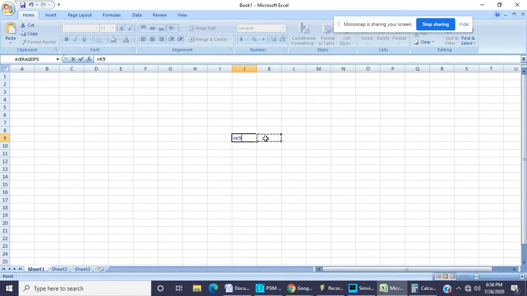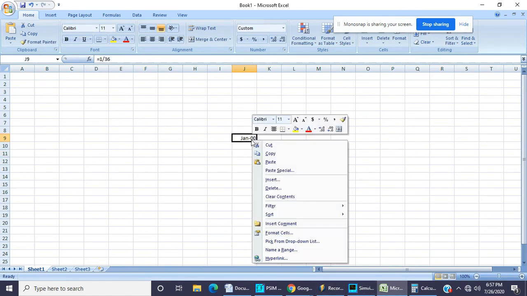Is equal to 1 divided by 36. This one is date, so we have to change it.